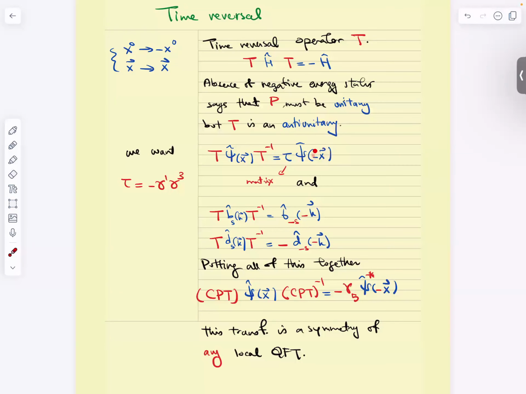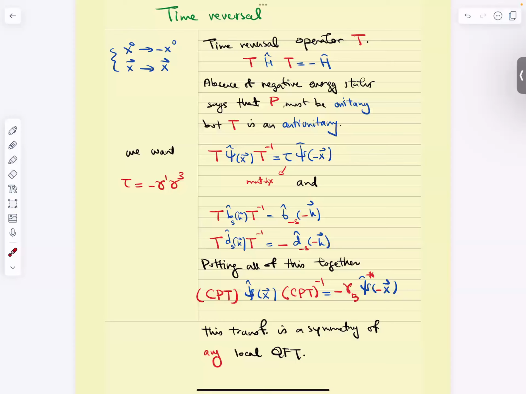Here, the reason that the time is not appearing is because I'm using canonical quantization, so it's misleading. It's more convenient to write it in terms of the 4-vectors like this, then you would see more manifestly that it's just flipping the time.